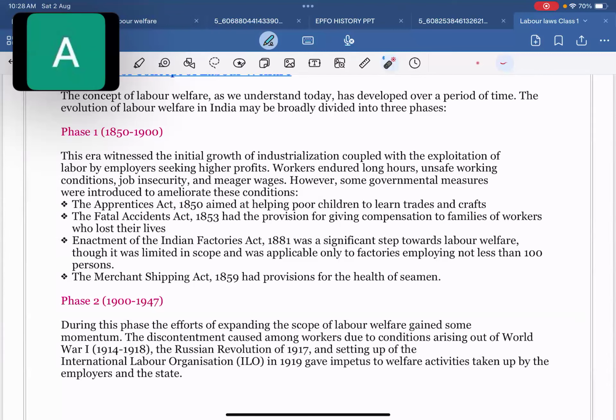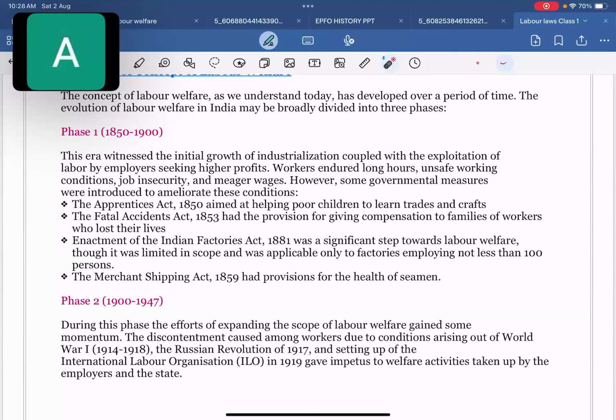This era witnessed the initial growth of industrialization coupled with the exploitation of labor by employers seeking higher profits. Workers endured long hours, obviously. If anyone has learned world history, the NCERT also, or if you are preparing for the civil services, then you have understood about the first industrialization, right?